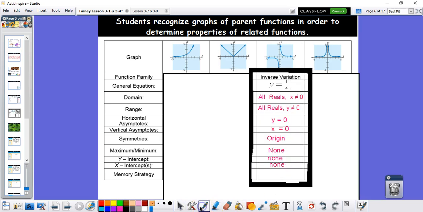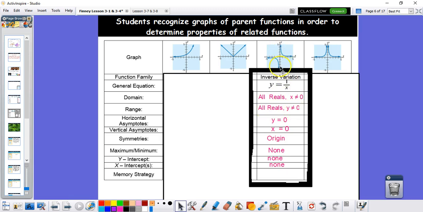For whatever reason, the equation editor on Active Inspire does not like to make that fraction bar visible, so I just drew it in. So what we've got here is a situation where the domain is all reals except 0, and the range is all reals except 0.